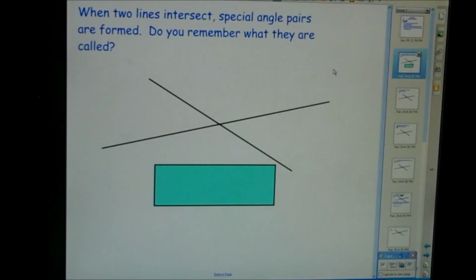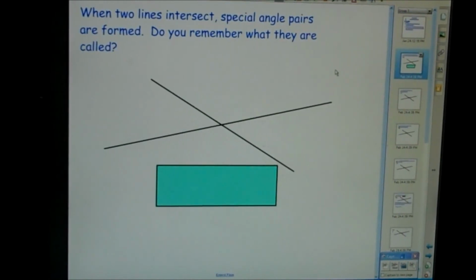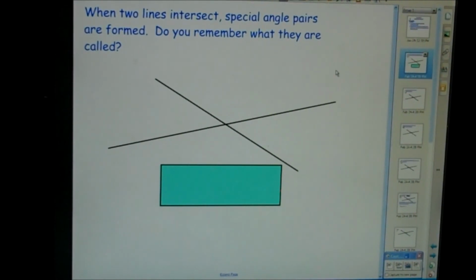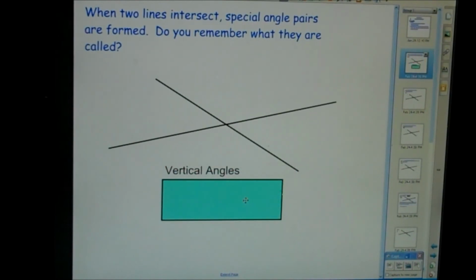When two lines intersect, special pairs of angles are formed. Do you remember what they might be called? Some of the ones that you have already learned or are already familiar with. I'm going to pause for a minute and allow you to think of a few of those. I hope you remembered vertical angles. Those are two angles that are opposite one another, and they are the same angle measure, and we'll talk about them in a minute.